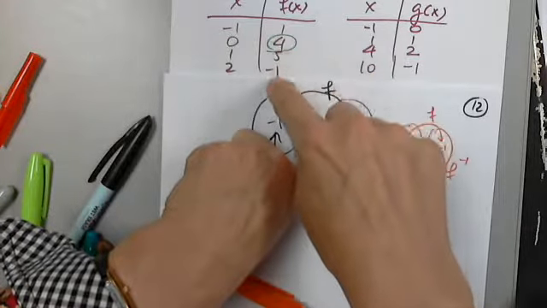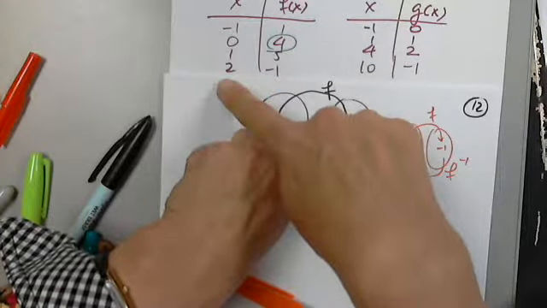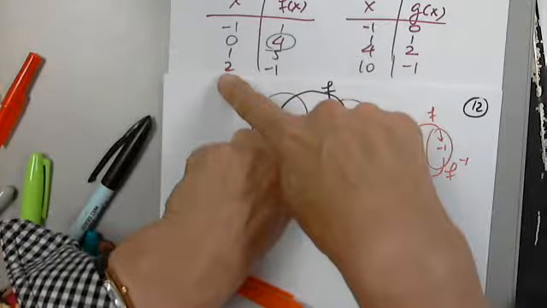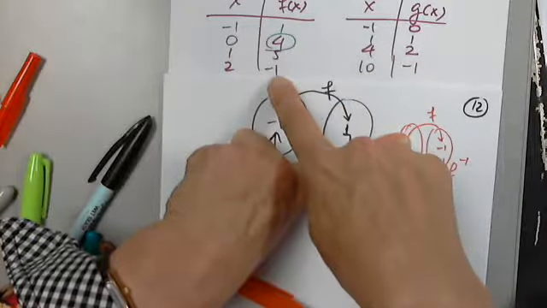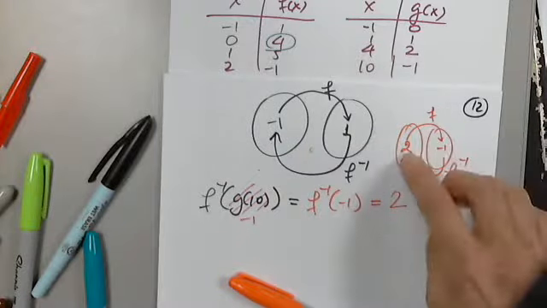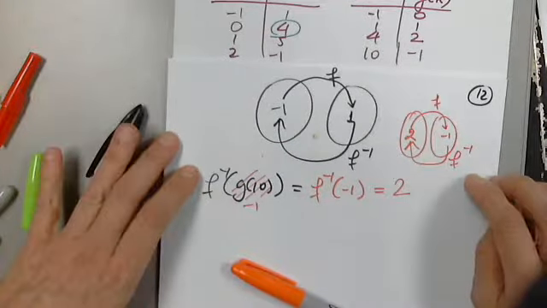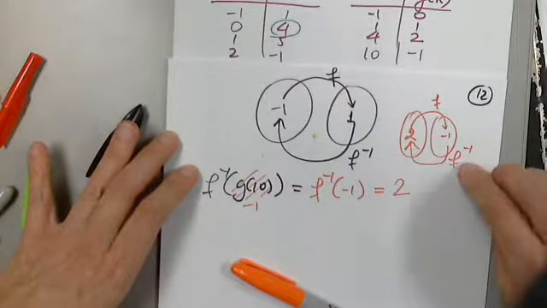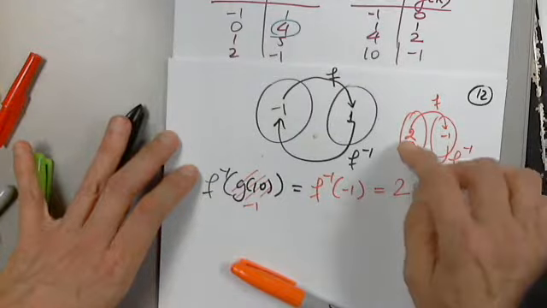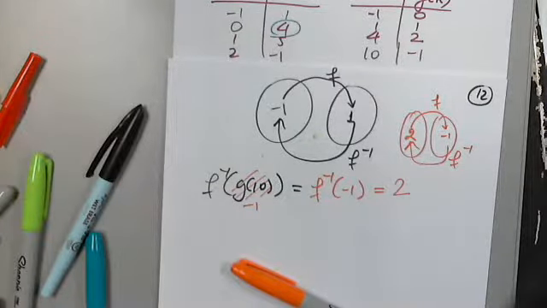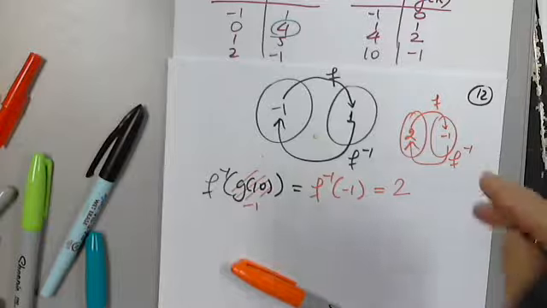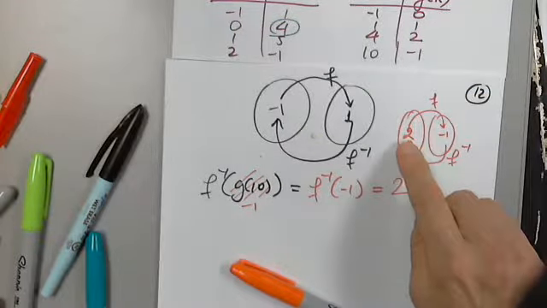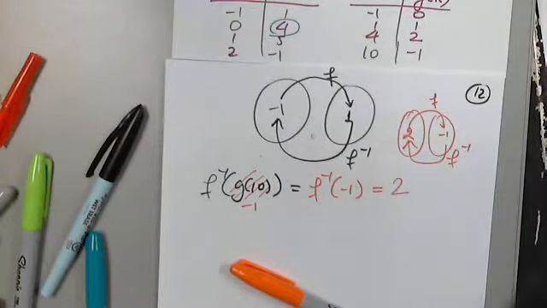So obviously 2, F of x is applied to 2 to get negative 1. Better? Therefore, it must be the case that F inverse applied to negative 1 must return 2. Because if the function has the point 2 comma negative 1, the inverse function must have negative 1 comma 2. Better? Okay.